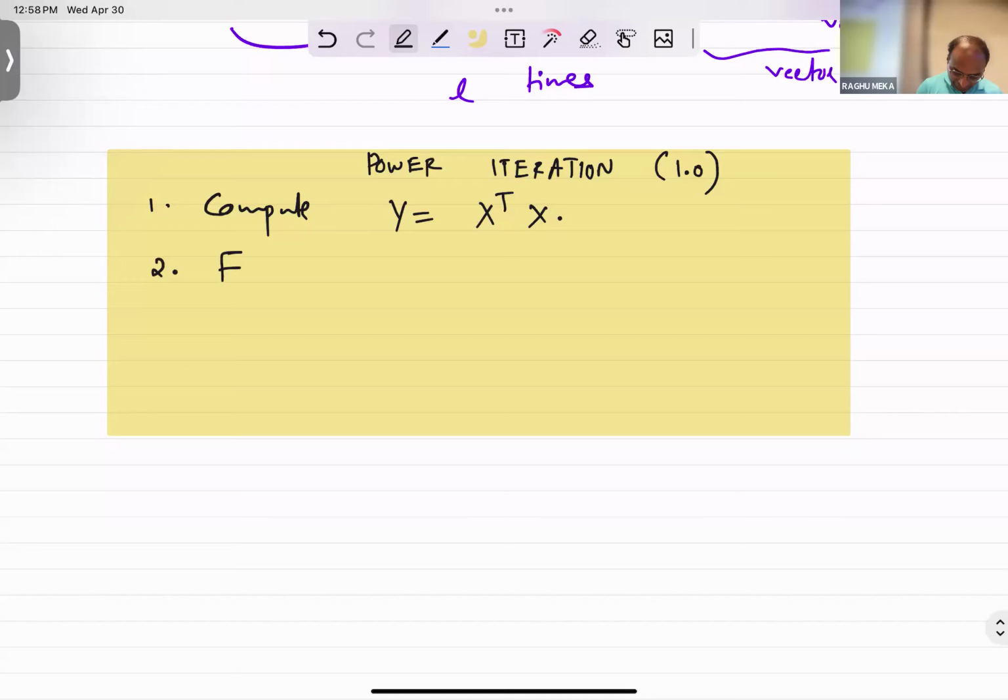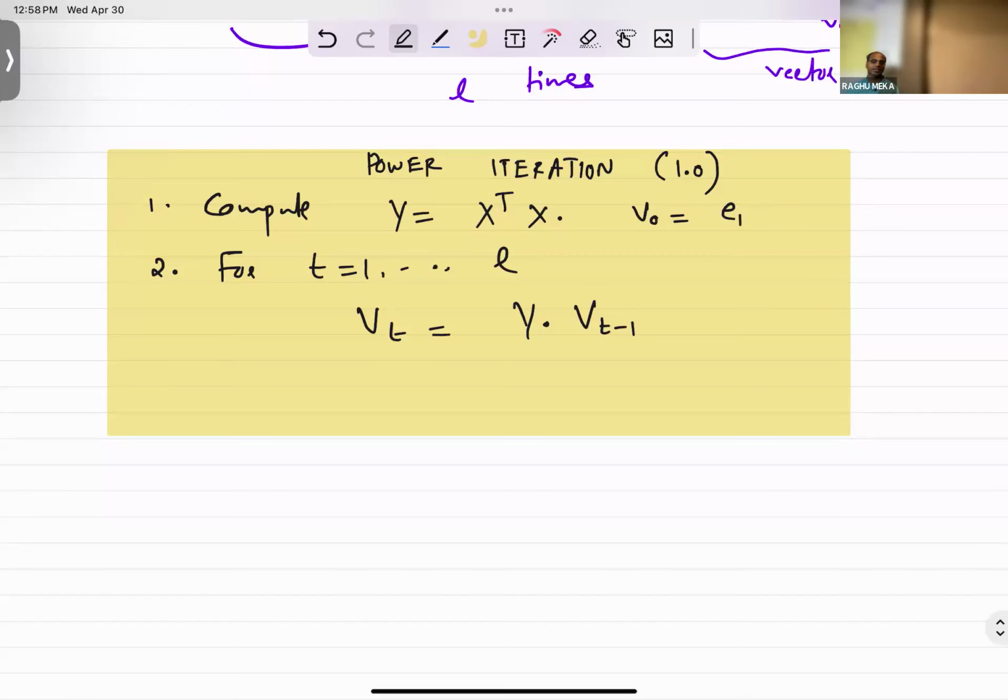And then for t equals 1 through L, maybe we said, okay, V0 is E1, and Vt is Y times Vt minus 1. Okay. So I start with E1, multiply it with Y, and then multiply it with Y again, multiply with Y again.